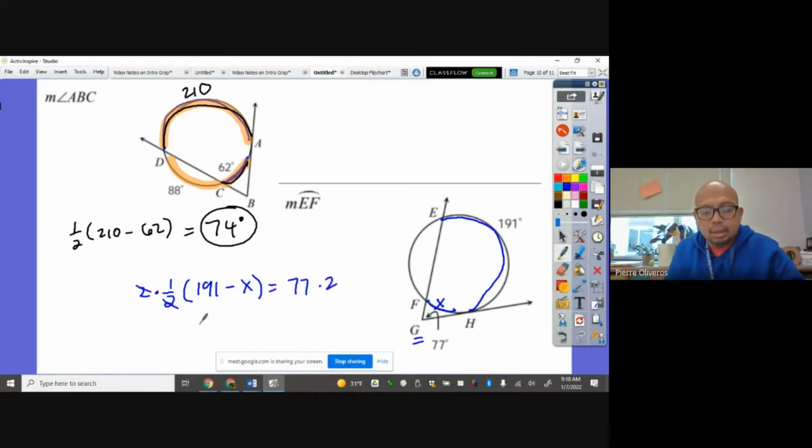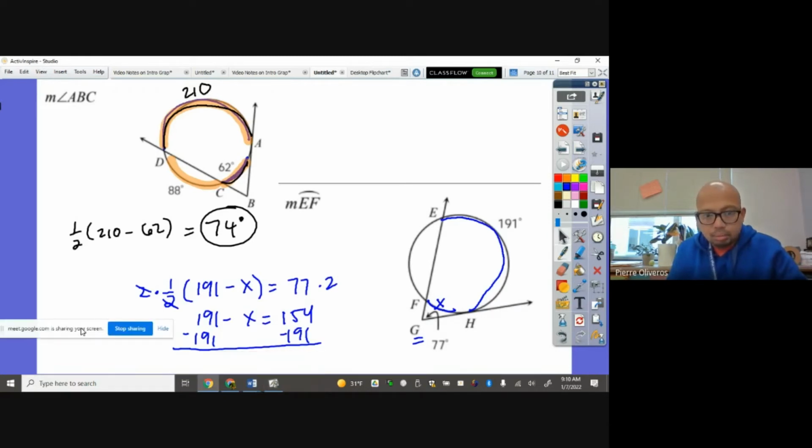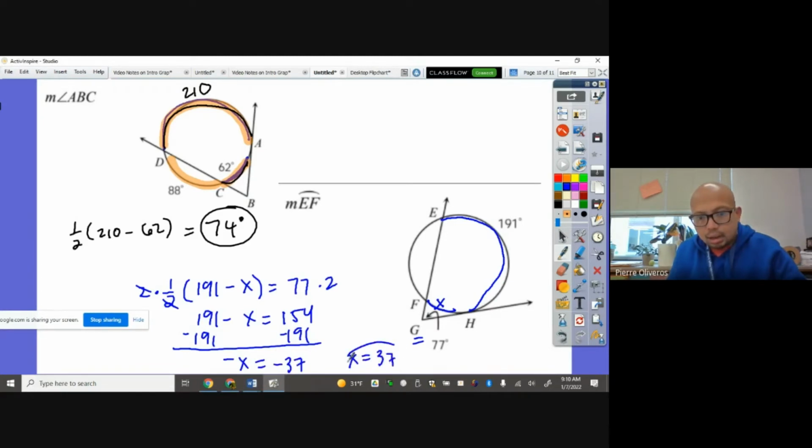This cancels out. 191 minus x equals 77 times 2, which is 154. So I will subtract 191 from both sides, and 154 minus 191 will give me negative 37. Negative x equals negative 37. So therefore, x equals 37.